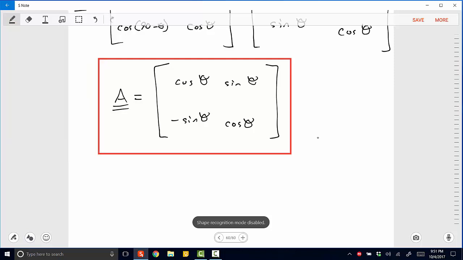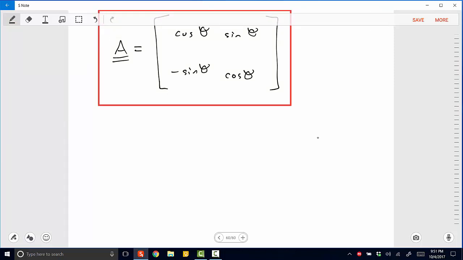We can then apply it by saying we have some vector v, and we want to transform that vector to v prime.